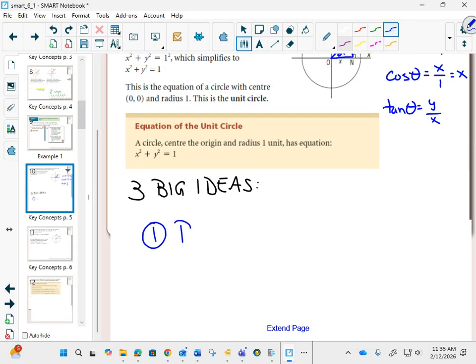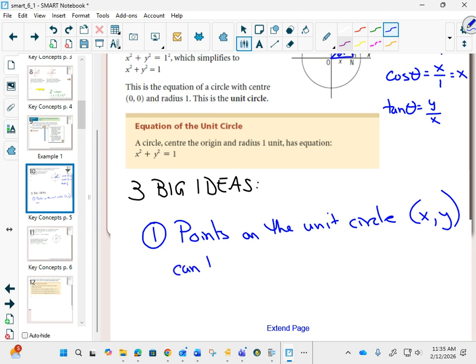Big idea number 1. Points on the unit circle, which is x comma y, can be written as, well, x is equal to cos of theta, and y is equal to sine of theta.